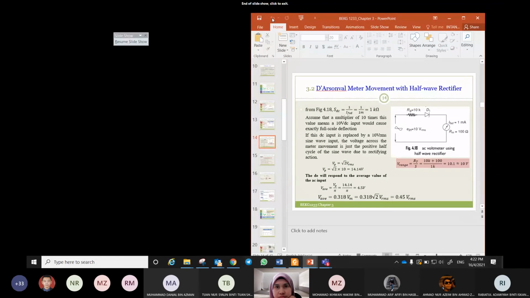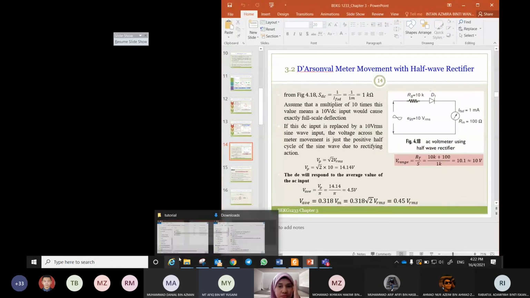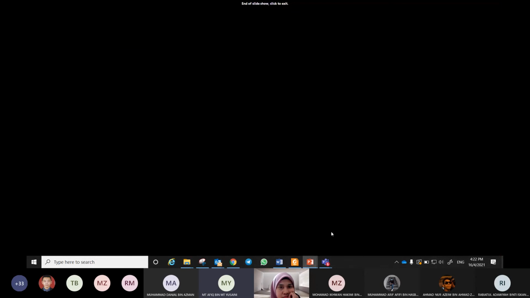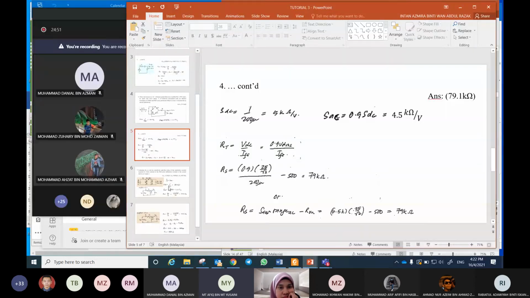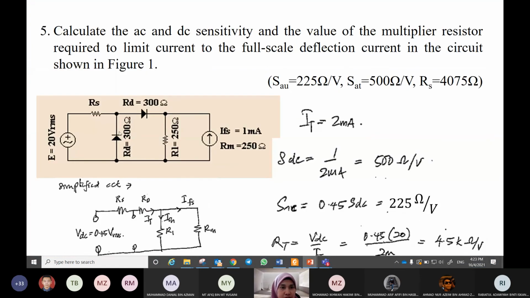For number 5, there is an Rd of 300 ohm and an R1 of 250 ohm. Actually, the Rd of 300 ohm, we did not use at all. Which one? The 300 ohm one? Yes. Because when current flows from the supply, current will flow through this Rd, but not the other Rd, because this diode cannot conduct, because it is reverse biased, as you learned last semester in the subject Principles of Electronics.